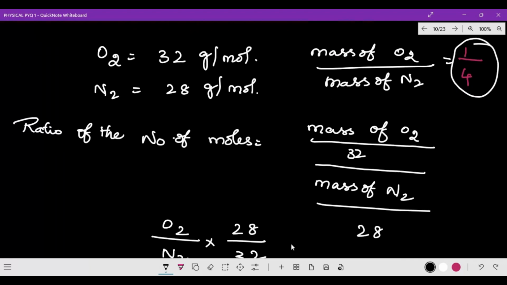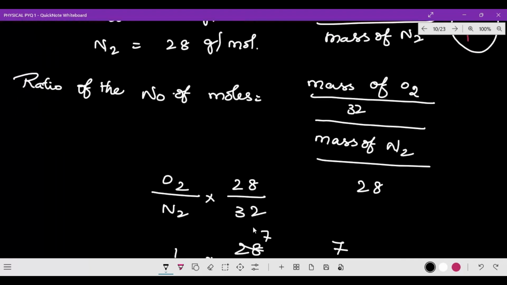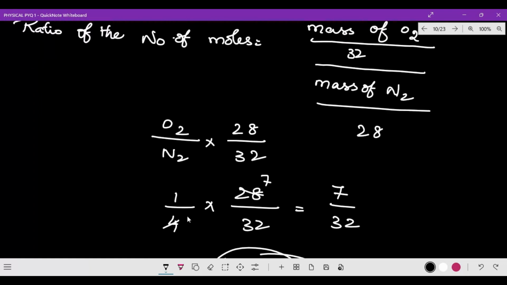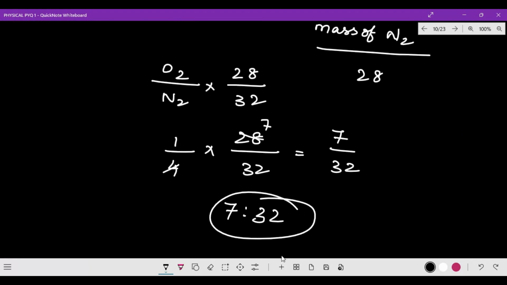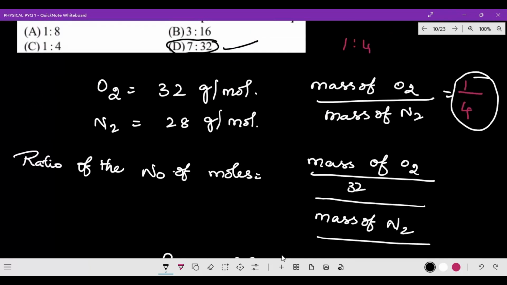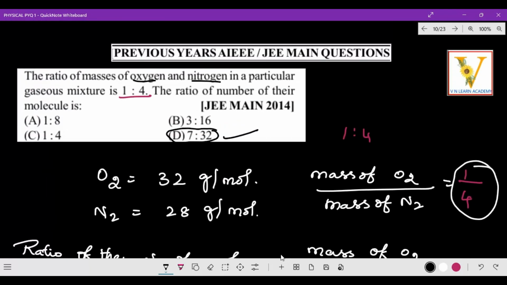According to that, we combine the molecular mass, that is 1 by 4 into the molecular mass of nitrogen by oxygen. So you are getting the answer: 7 is to 32, right? I hope you got the clarity. Come on, let's go to the next question.